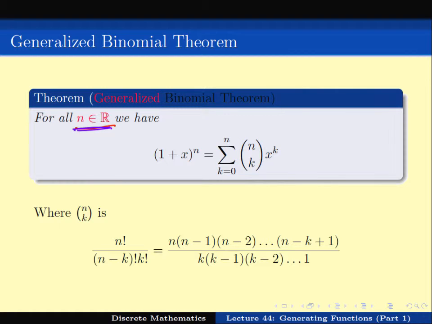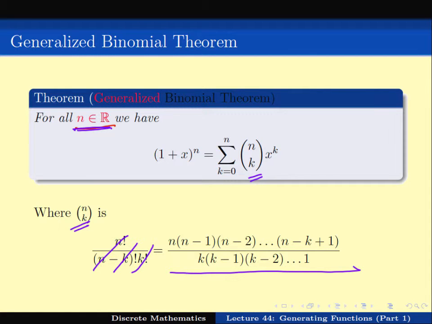So (1 plus x) power n equals the sum over k equals 0 to infinity of n choose k x power k, where now since n is not necessarily a natural number, I have to define what this n choose k is, where n choose k is not this but this.